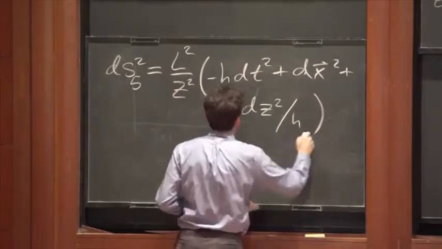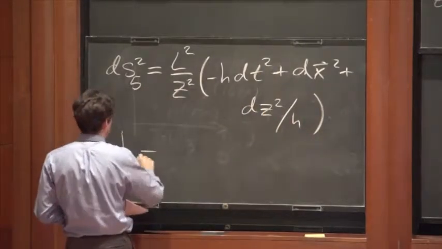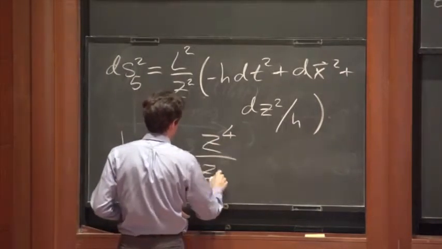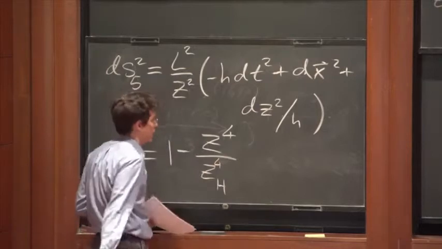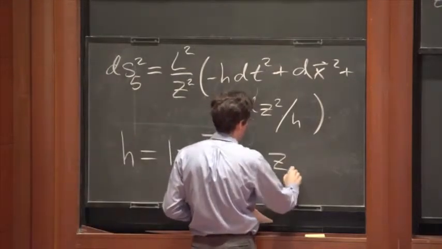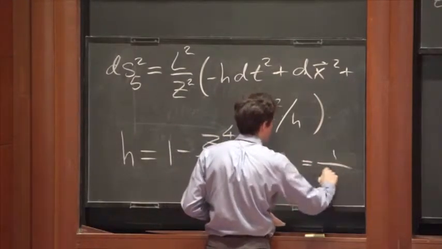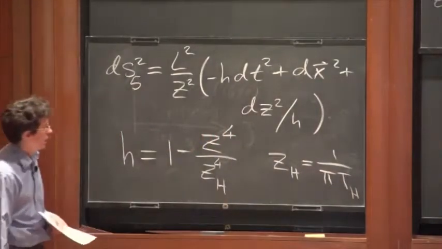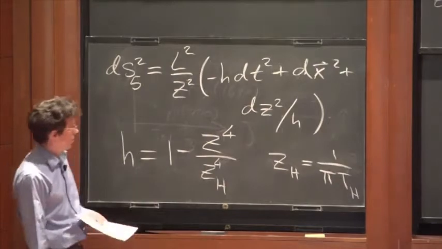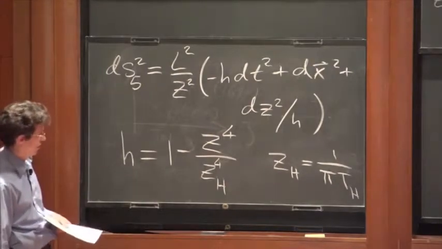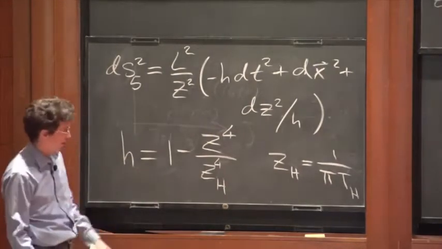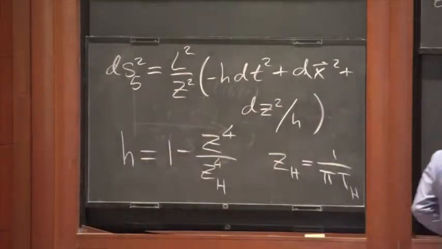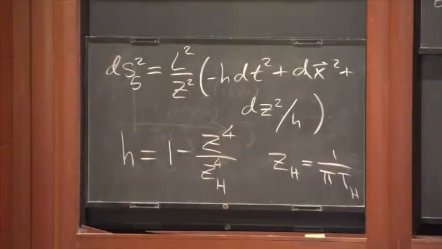Here it is, where h equals 1 minus z to the 4th divided by z_h to the 4th, and a short computation should convince you that z_h is 1 over the quantity pi times T Hawking, which is the same as my temperature T, at least naively. You'll see what I mean by that statement in a moment.